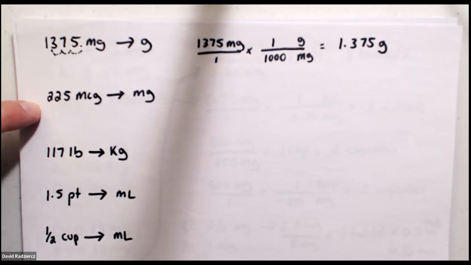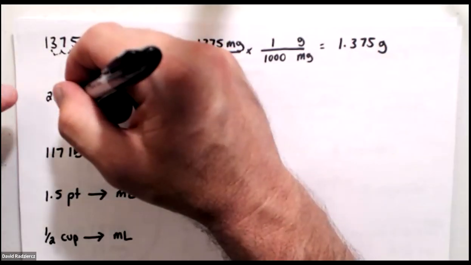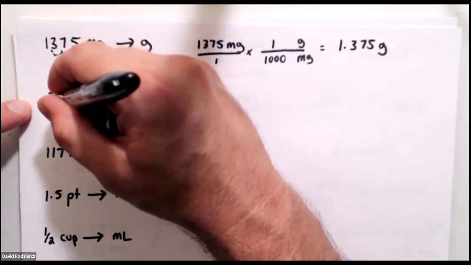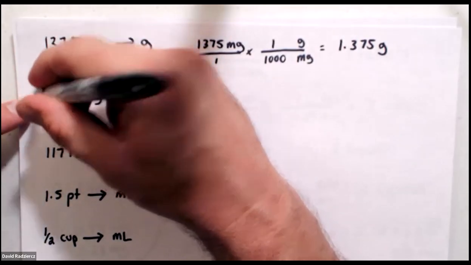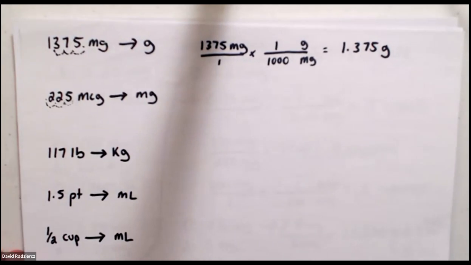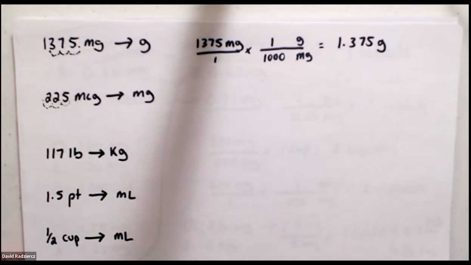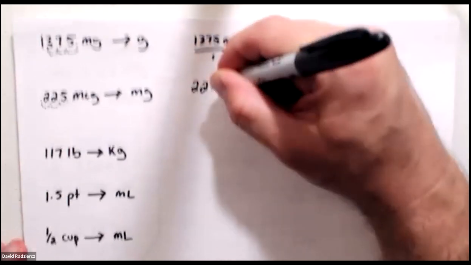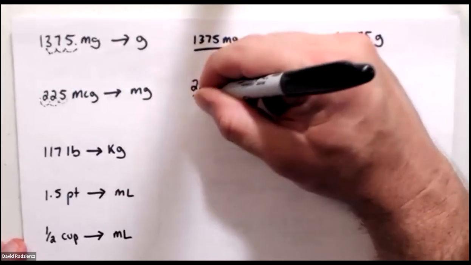For this one, I'm going to do the same thing. Micrograms is a smaller unit than milligrams, and so I can move 3 to the left and get 0.225, or I can write this out using dimensional analysis.